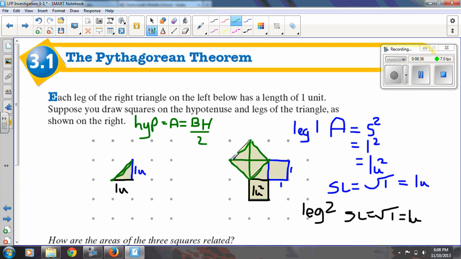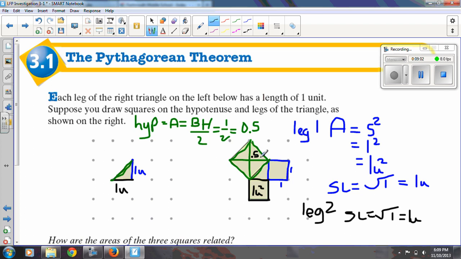Okay, so I have base is 1, height is 1, so 1 times 1 divided by 2. 1 times 1 divided by 2 is a half. Or you guys like to use decimals, so I will use a decimal.